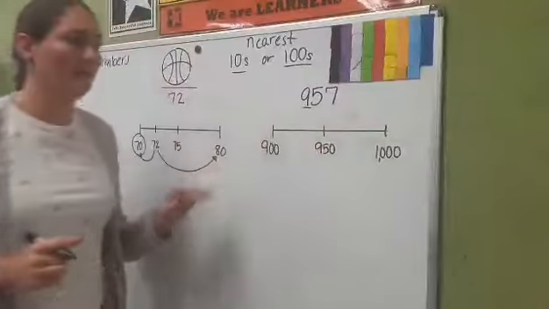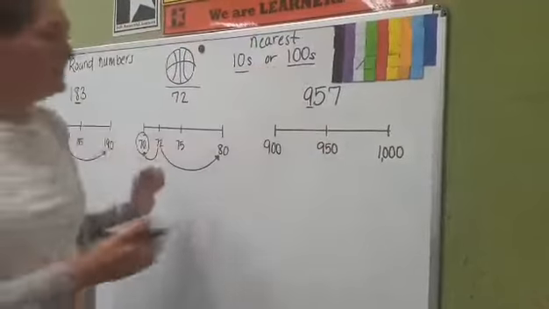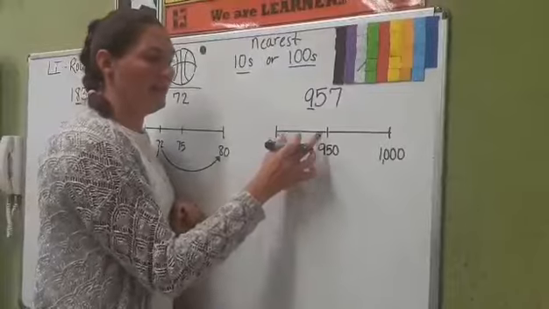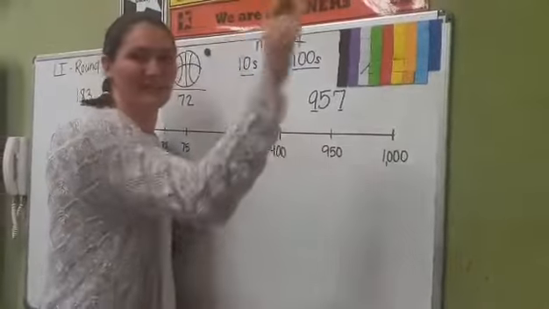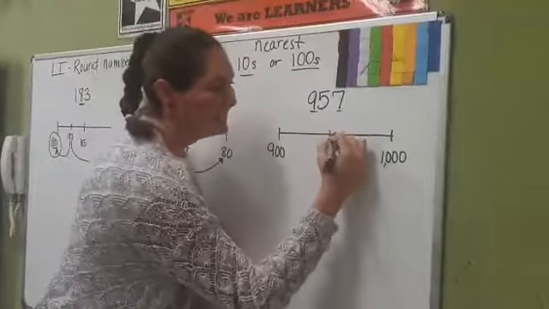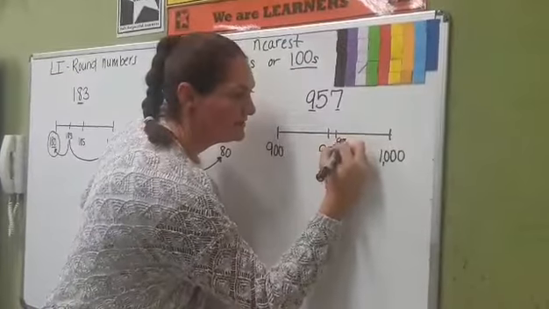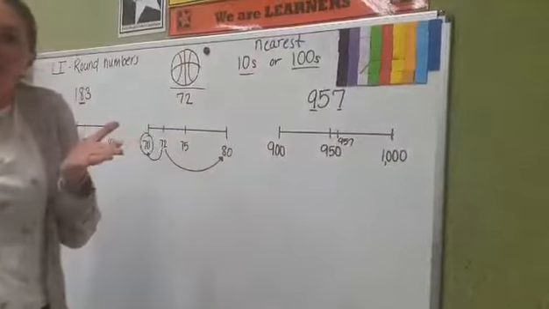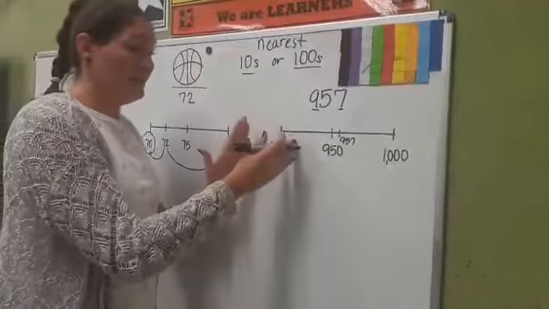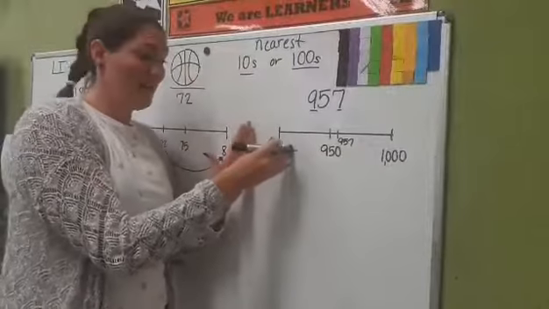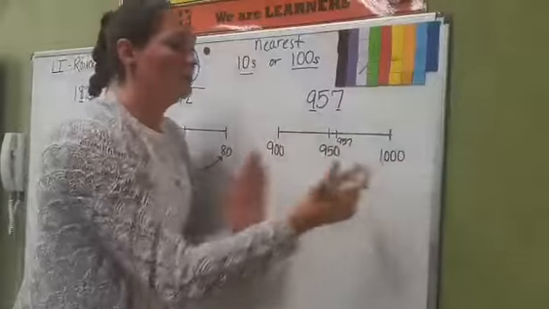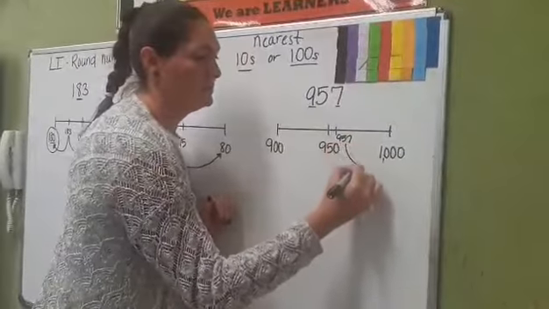Asking myself, 957, is that going to fit on the left or the right? I know the 7 makes it larger than 950. It's going to be right about here. 957. Then I need to ask myself, is it closer to this century, instead of a decade, we now have a century, 900, or is it closer to 1,000?